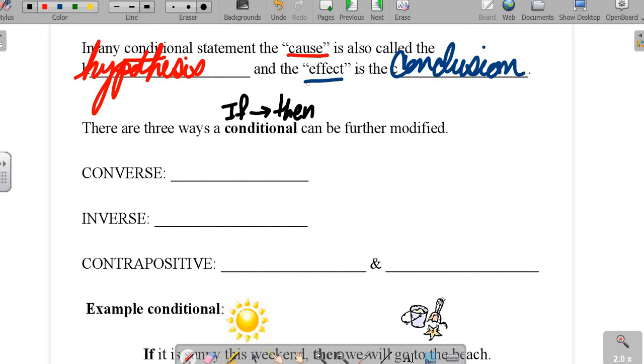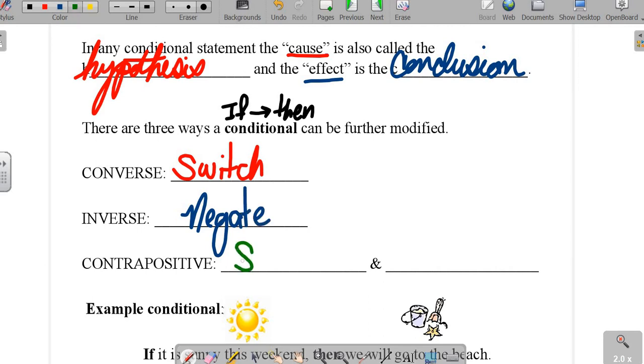Modified, flipped around. This will make sense in just a moment. One is the converse, which means you switch the order. Inverse, you negate or say the opposite. Contrapositive, you switch and negate.